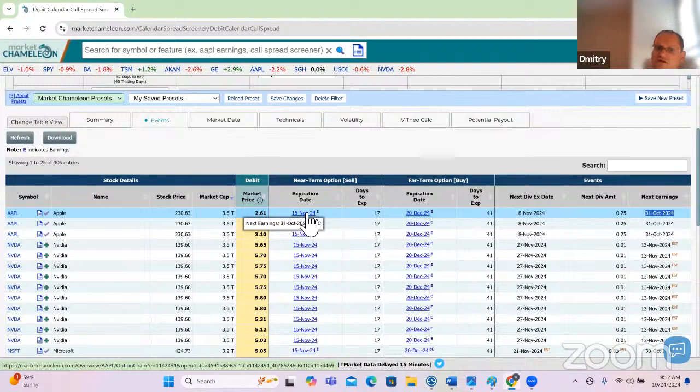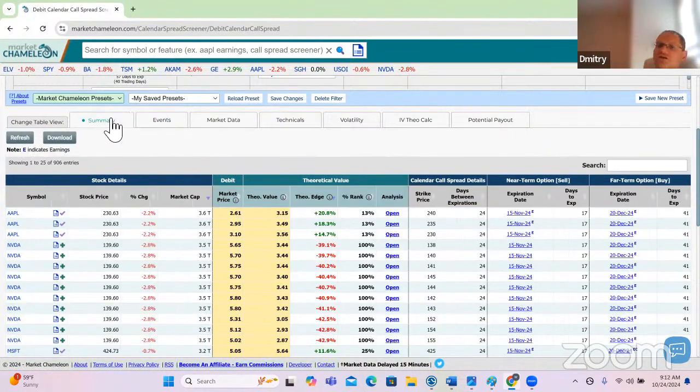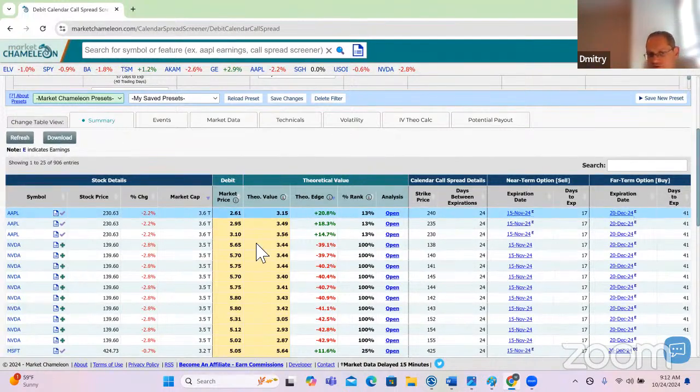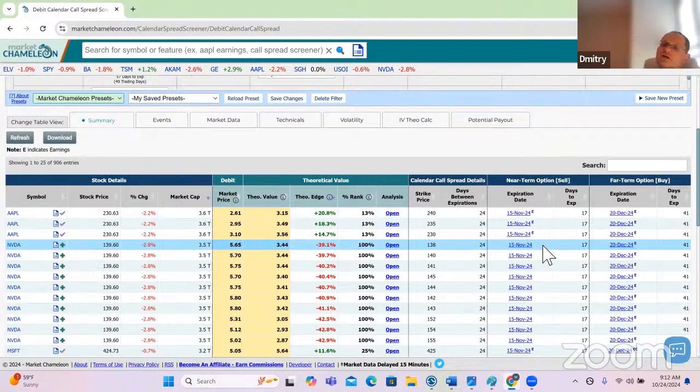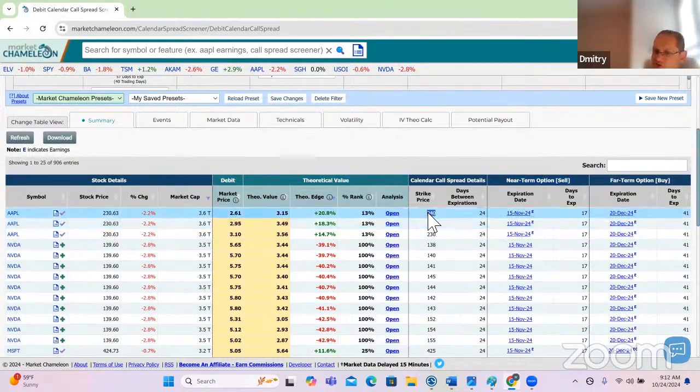All right, so these are the known events. And if we come here in the summary, actually, if there is an event that we detect within that expiration, so here's the summary page, and here are the legs. When you're doing a time spread, you have the same strike.